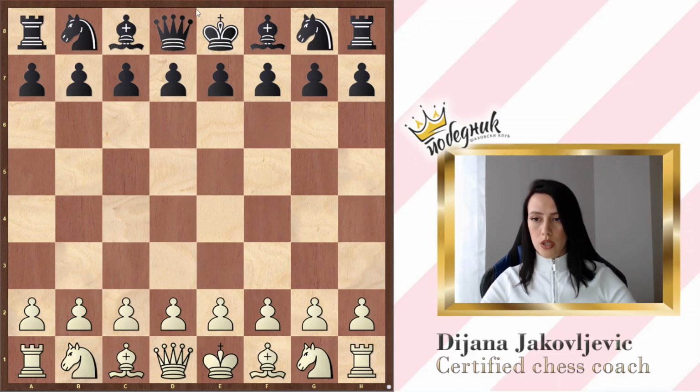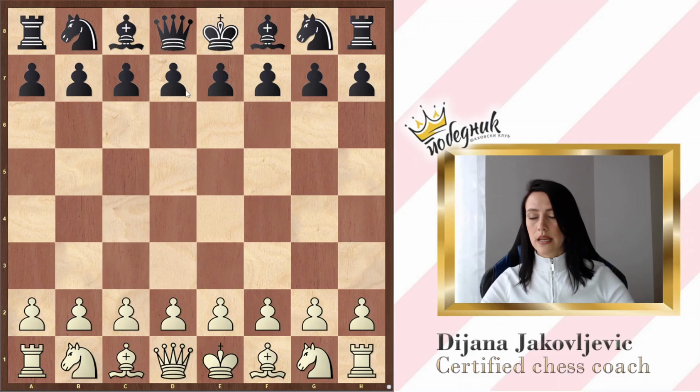So imagine now that we have a line here, and with this line we can divide our board, like we earlier said, into a queen side and the king's side. So the part to the left is the queen side and the part to the right is the king's side.